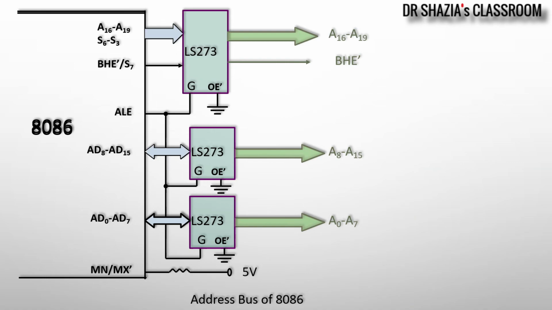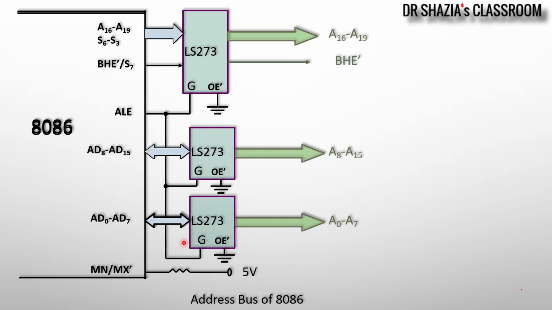So now in this slide you can see the detail of how the address bus is demultiplexed from the data and status signals. This is the complete address bus of 8086. Actually we require 3 LS273 or octal latches to demultiplex the address bus from the data and status signals.